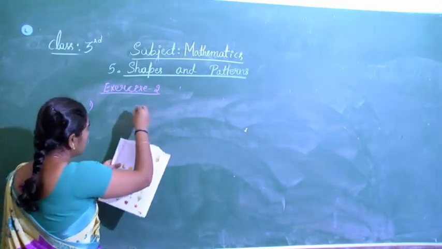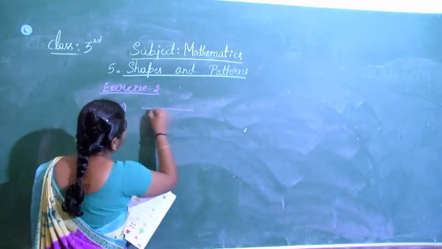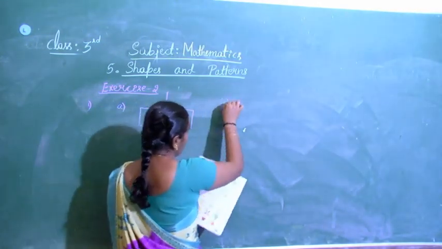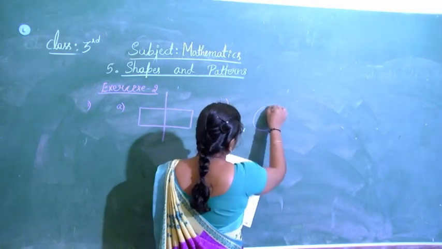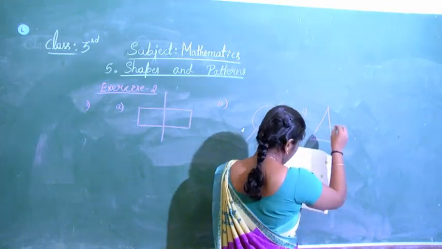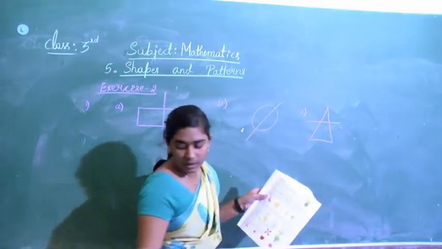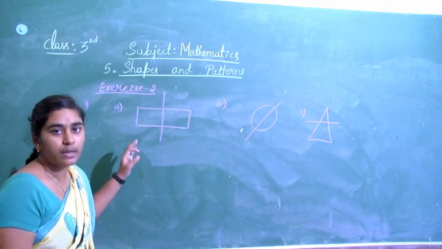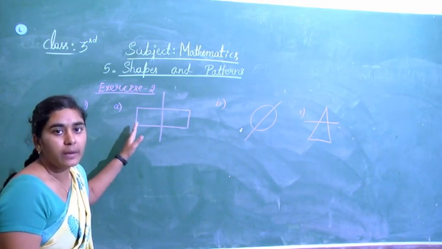So first one is the rectangle, circle, triangle. I will draw the 3 and check. The remaining you can just observe and write the answer. Now observe this.